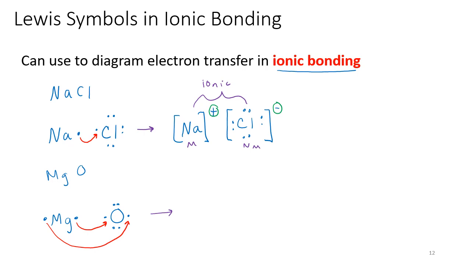When we form our products, we're going to have the magnesium ion, which will have a +2 charge, and we're going to form the oxide anion, which will have 8 electrons around it, and since it gained an extra 2 electrons, the oxide anion has a -2 charge.